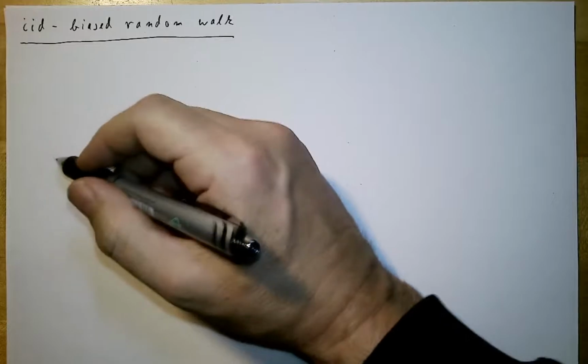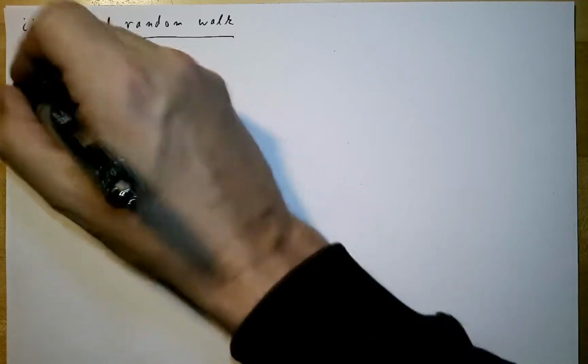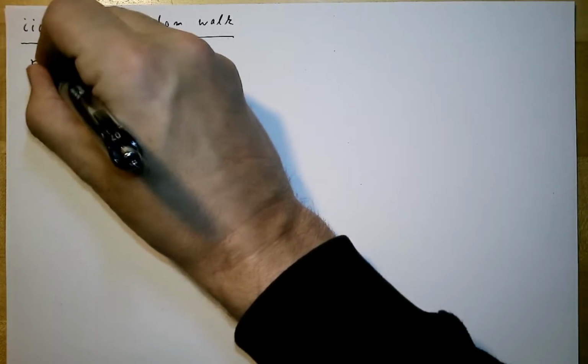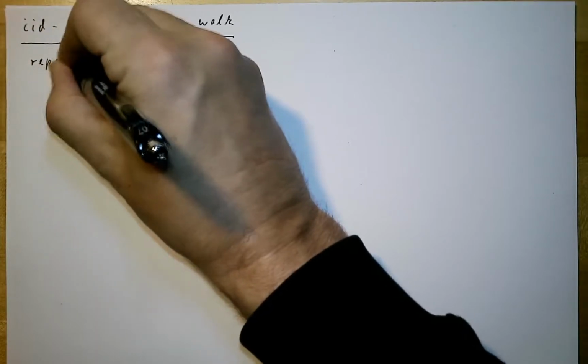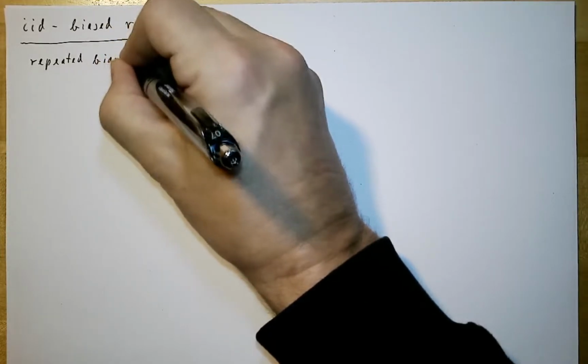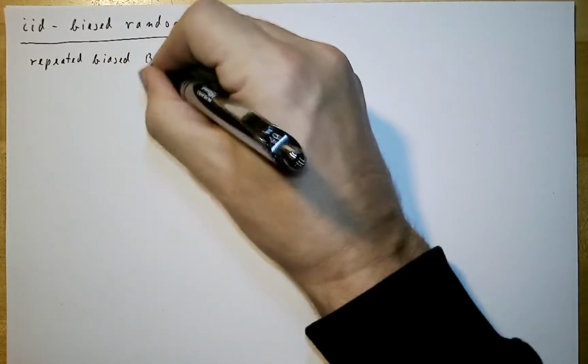We have a Bernoulli trial, so we have increments. Let's write it again. Repeated but biased Bernoulli trial.